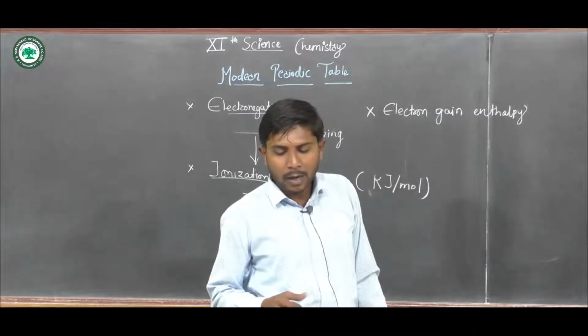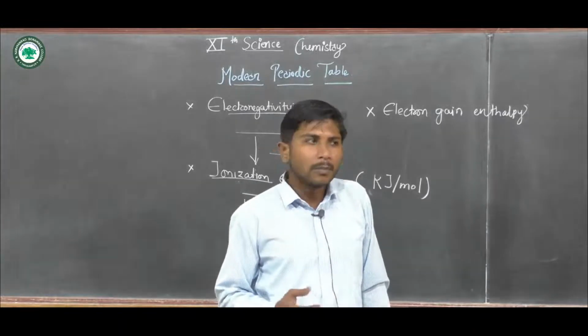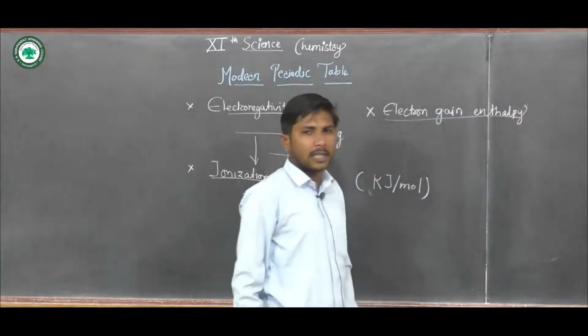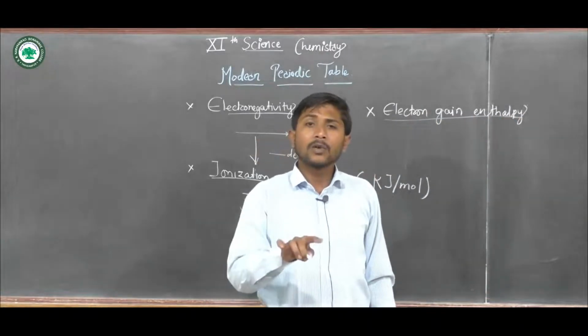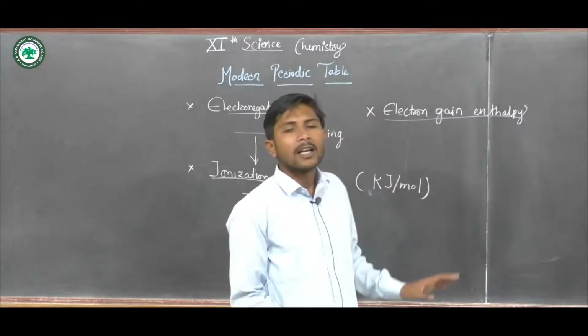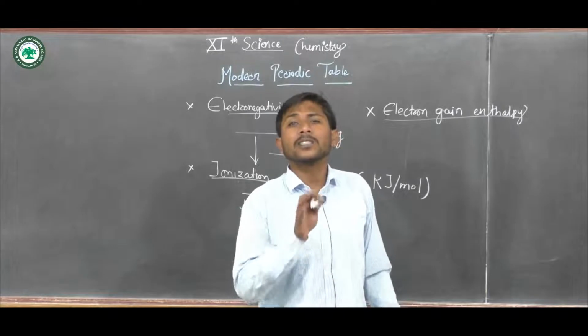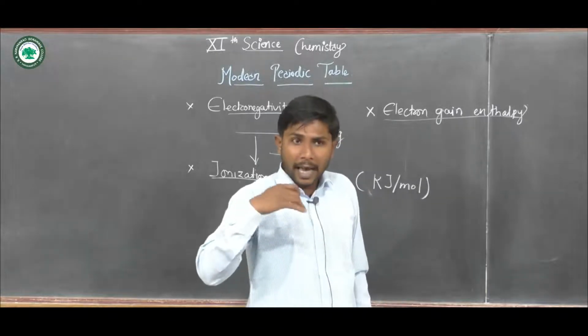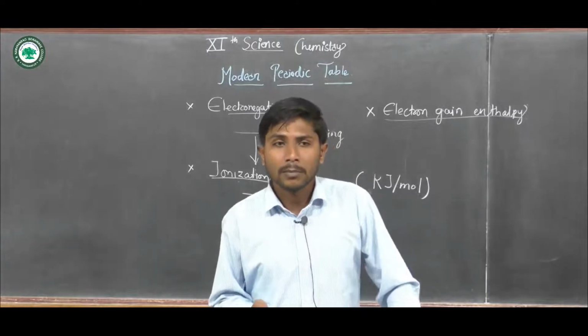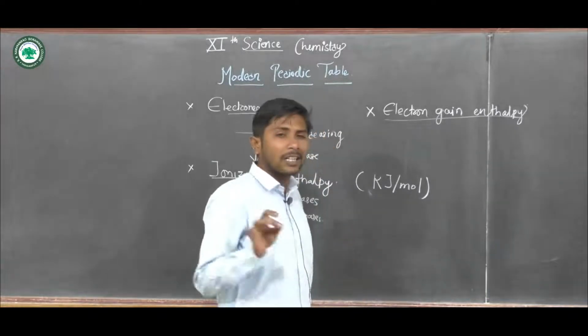What does that mean? It is the change in enthalpy during the acceptance of an electron. It is called electron gain enthalpy, meaning how much energy is liberated or evolved on the addition of an electron.